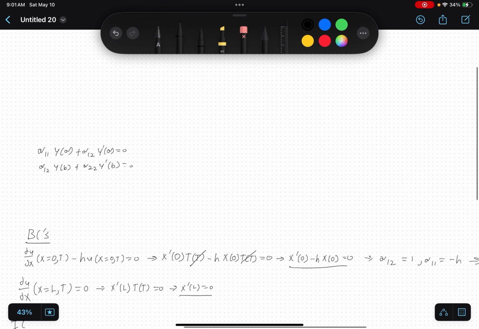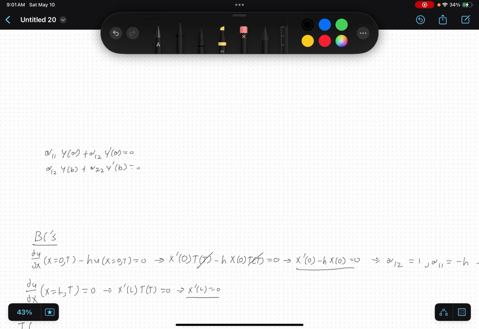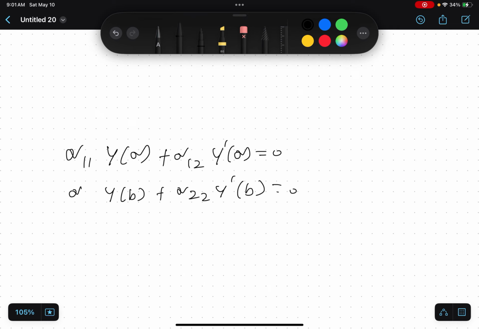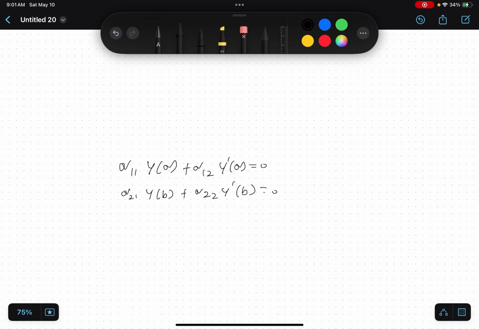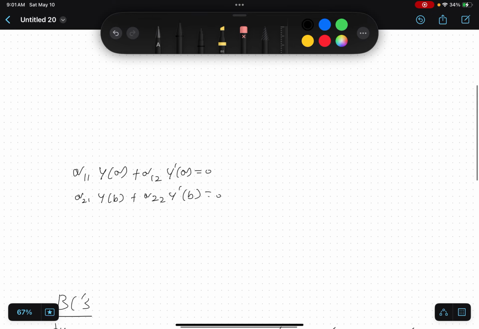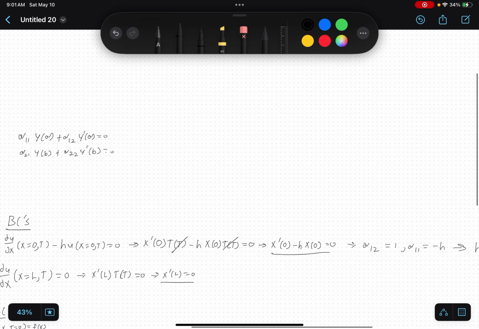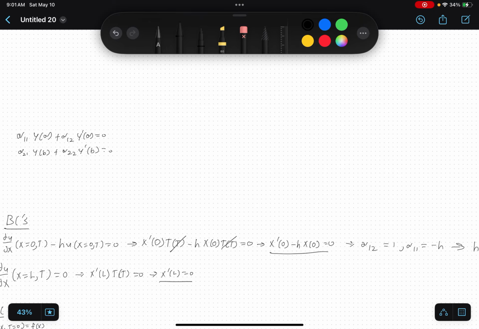I should have looked at this before I started the recording, but you're gonna have to suffer. Technically, I think A12 equals A21, but let's say that's A21.